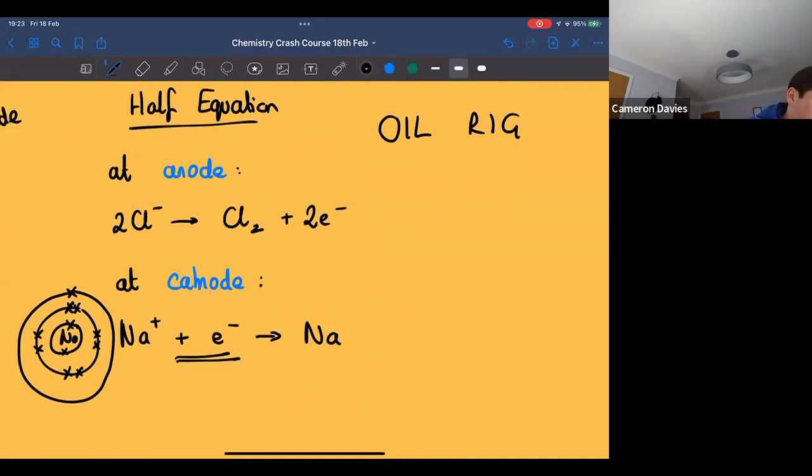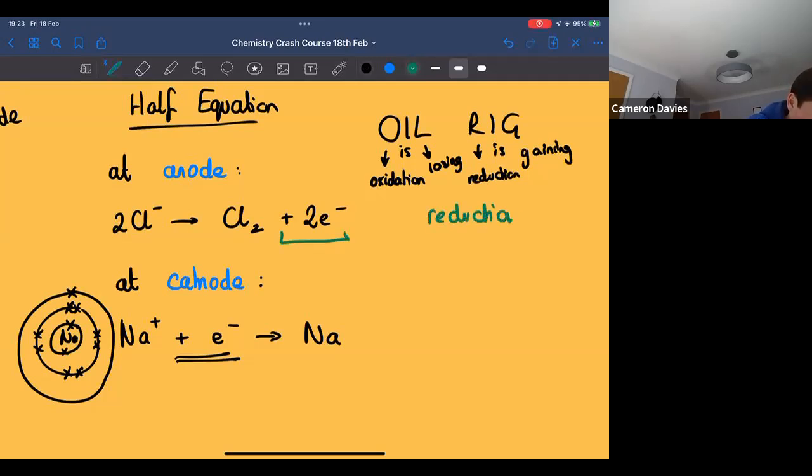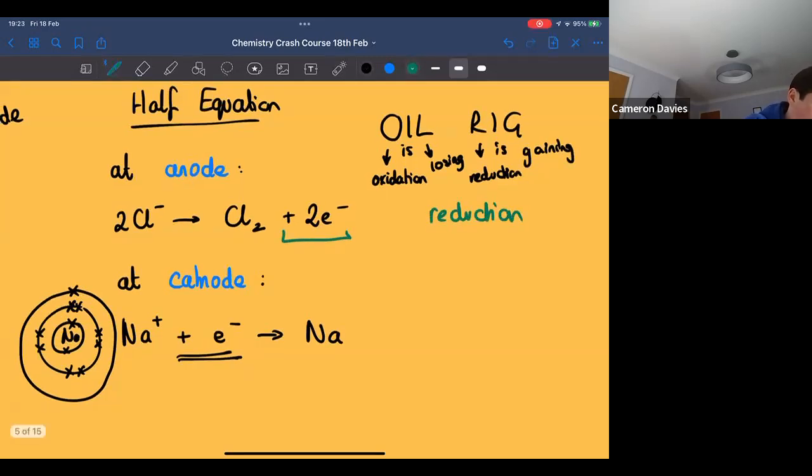The way to remember it is oxidation is losing an electron, and reduction is gaining. So with that in mind, we can say that the anode, it's gaining an electron, so it must be a reduction reaction. The cathode, we are losing an electron, so it must be oxidation. Sorry, wrong way around, wrong way around.